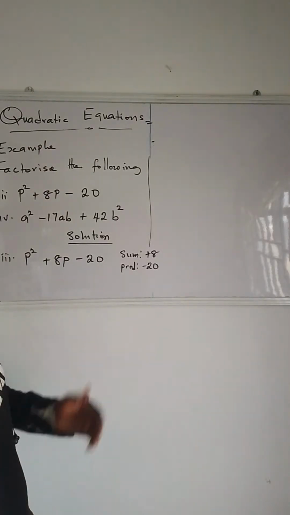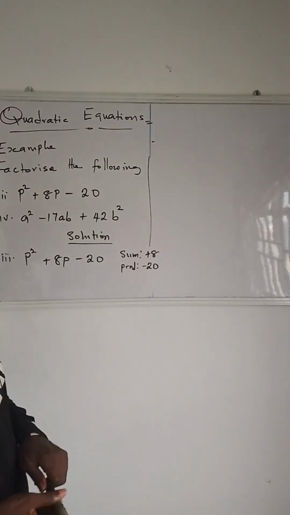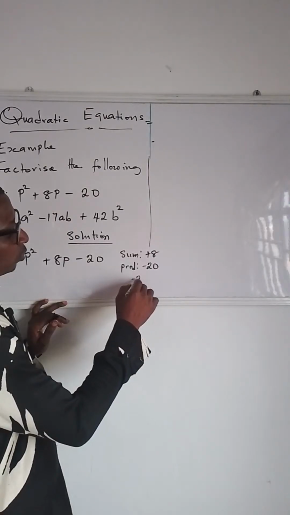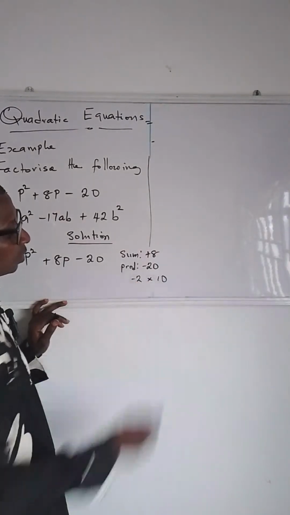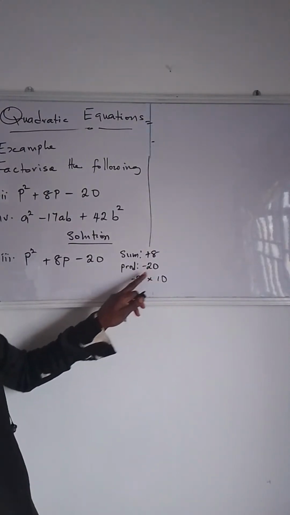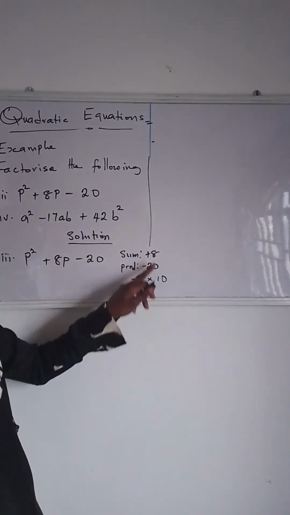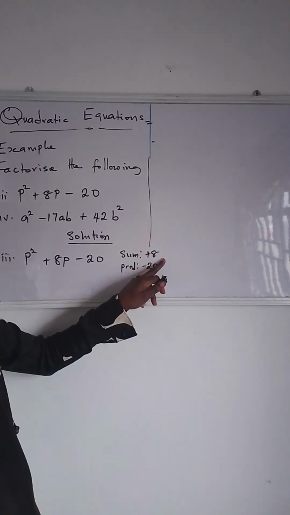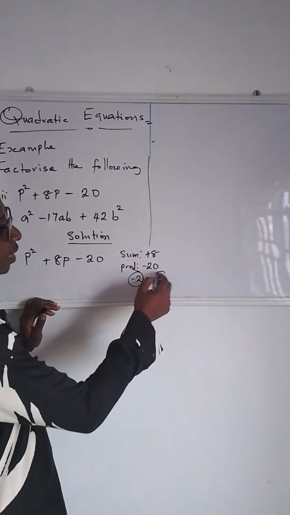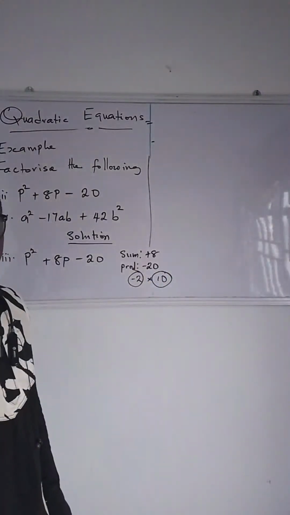So now let us look at it. Which one will work? We can think of, let's say, minus 2 times 10. Look at minus 2 times 10 now. If I multiply this and this together, I have this. When you add this and this together, you have 8. So that means the two numbers will be minus 2 and plus 10.